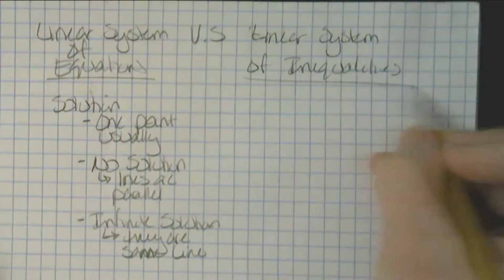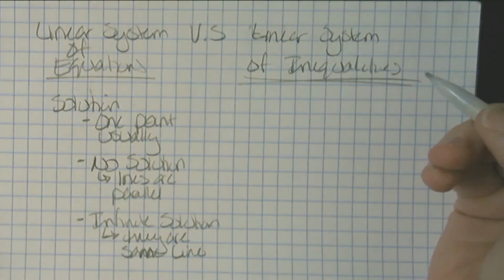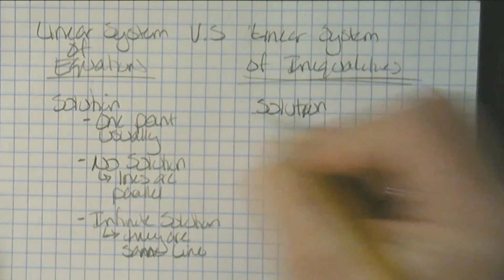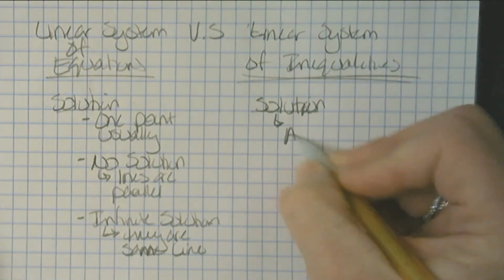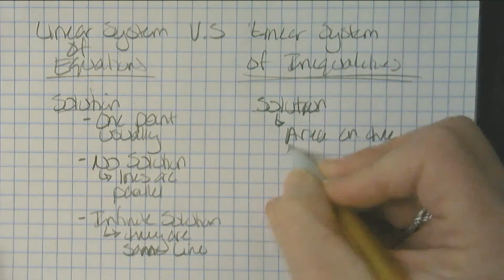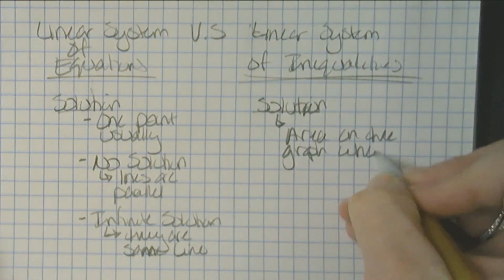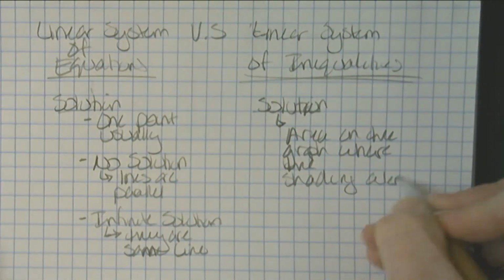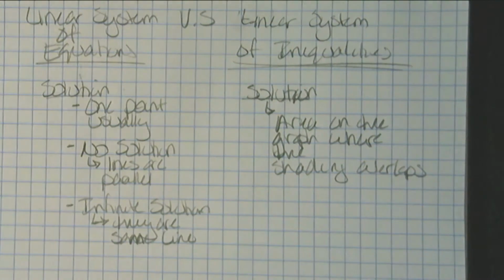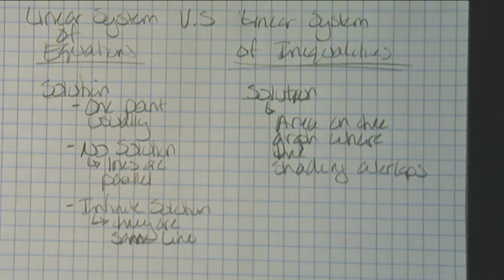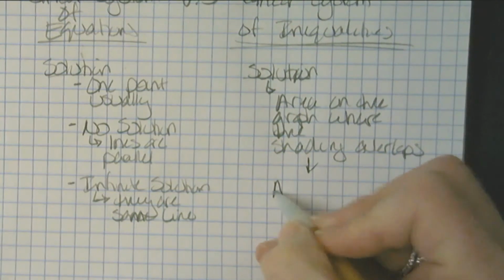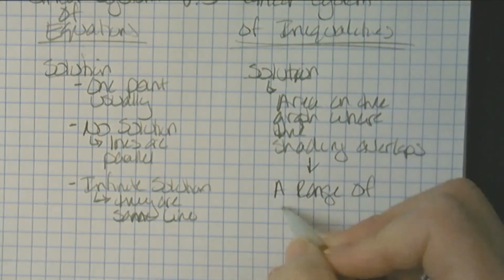But when we talk about a system of linear inequalities, our solution is the area on the graph where the shading overlaps. So again, it's a range of values, a range of points.